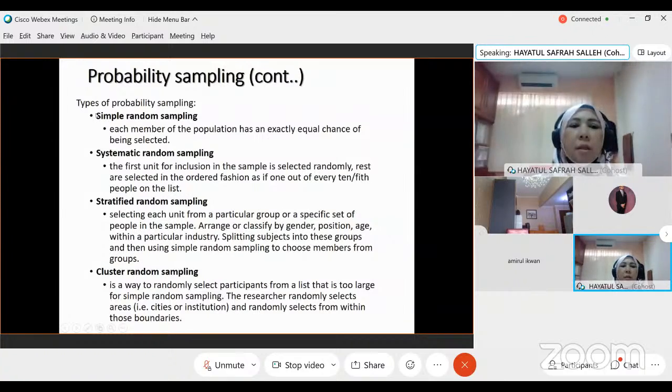Simple random sampling means that each member of the population has an exactly equal chance of being selected. It's tricky. Sometimes students miss out because they don't really understand what simple random sampling means.